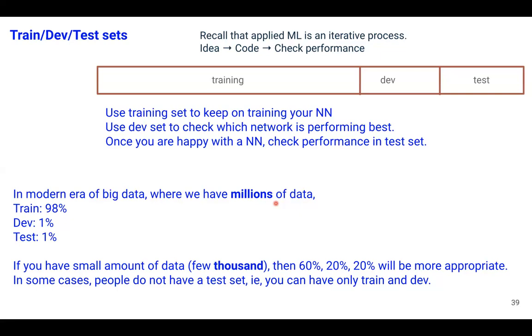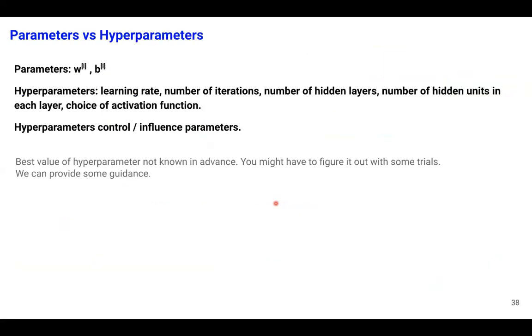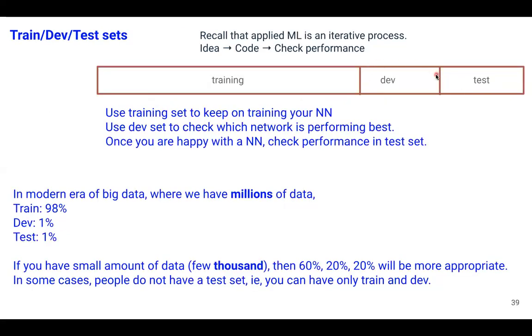So use the training set to train your neural network. And then you can use the dev set to check which network is performing best. For example, you choose different values of your hyperparameters, and you check in the dev set what is its performance. In the first few iterations of this, you might not be happy with your performance.